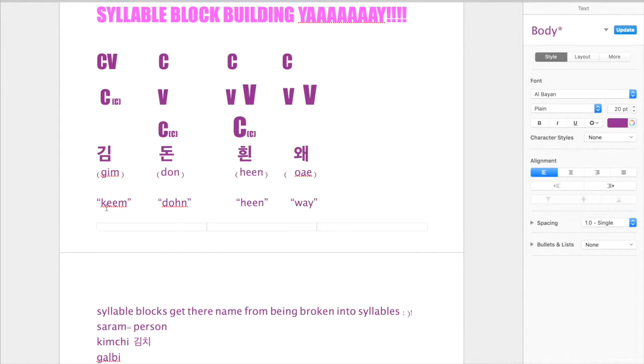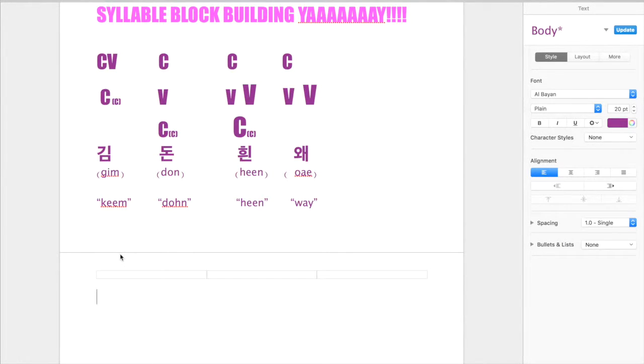So these are your basic consonant, vowel syllable blocks on how you make it. So you can see here the first and second system are both consonant, vowel, consonant. But why is this one consonant, vowel, consonant and this one consonant, vowel, consonant? I know I'm confusing you, but just stick with me, or try to at least. That is because of these vowels.